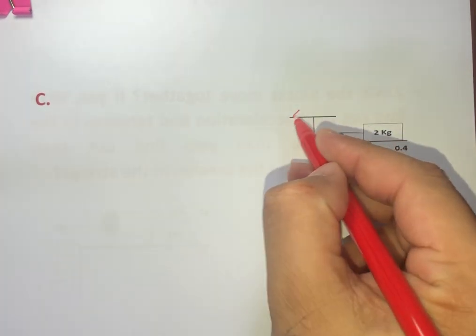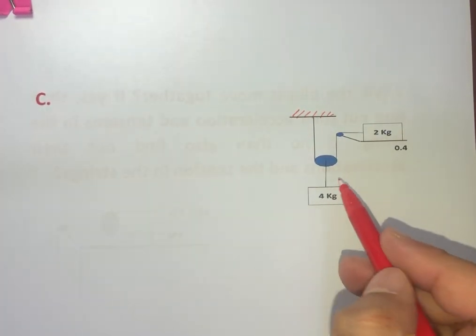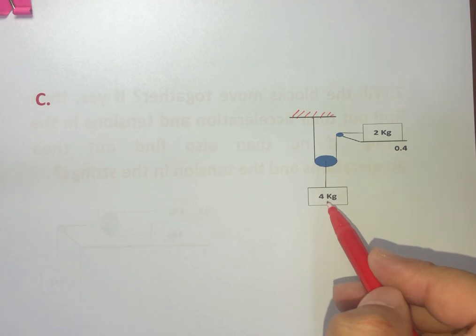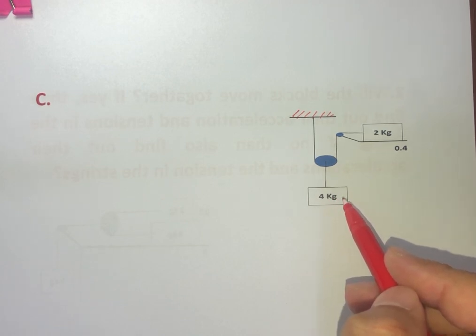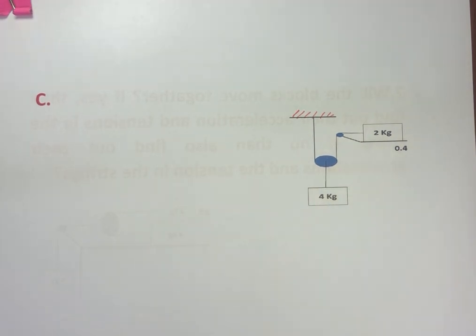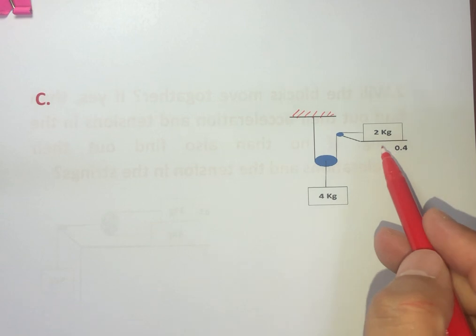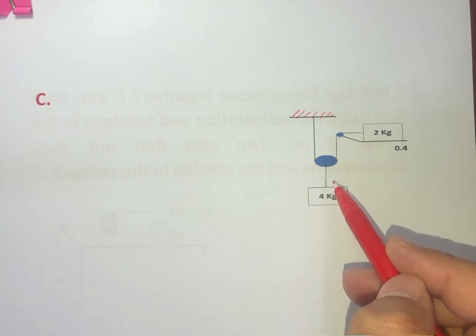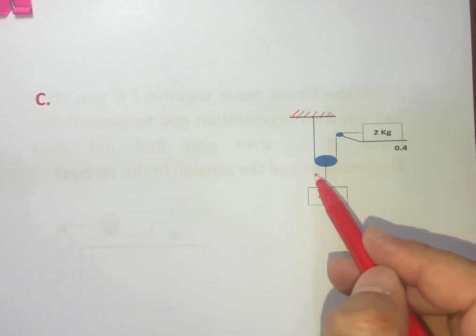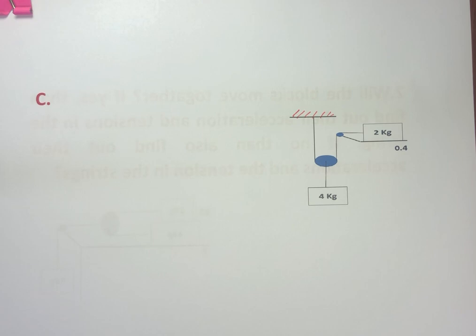So this is a movable pulley which is connected to 4 kg, okay, and this is our pulley which is connected to 2 kg, and the coefficient of friction here is given as 0.4, and we are going to find out what will be the tension as well as the acceleration.